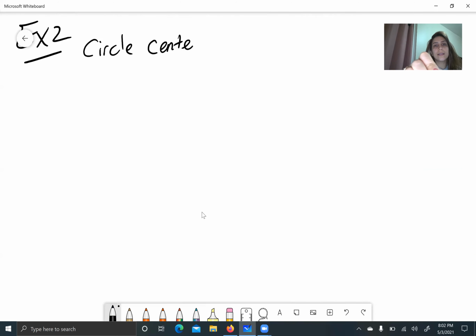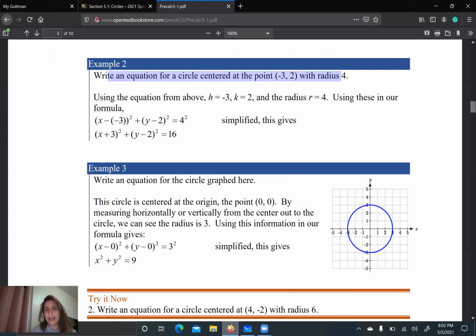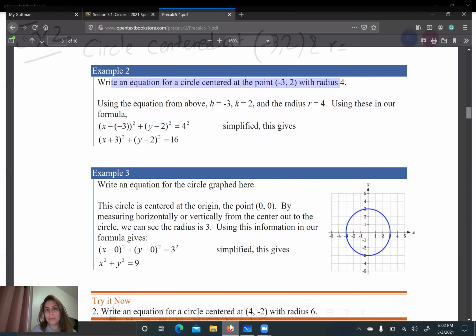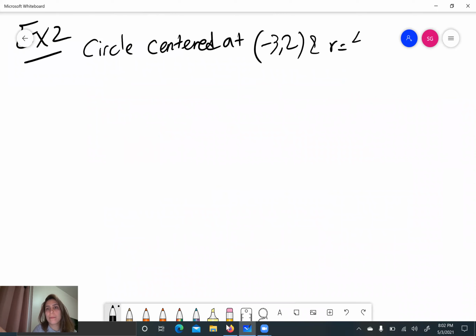A circle that is centered at point -3 and 2, and radius 4.